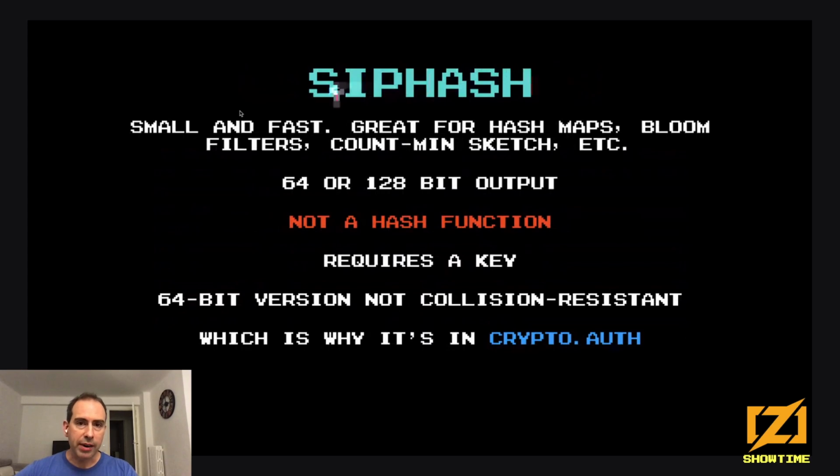Just a warning, there is something called siphash, and siphash is not a hash function, in spite of the name. This is actually a MAC, because if you know the key, it's easy to compute an input that will produce a specific result. So it's not collision resistant. This specific function was designed for hash maps.